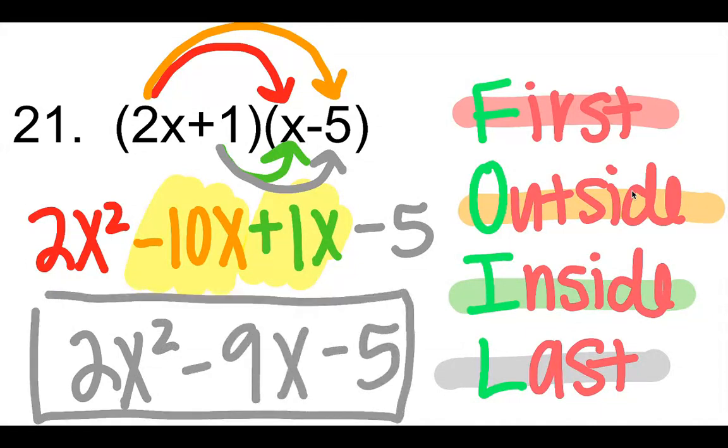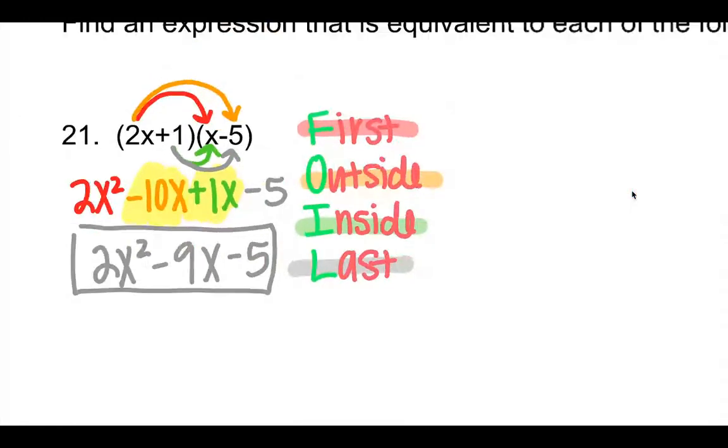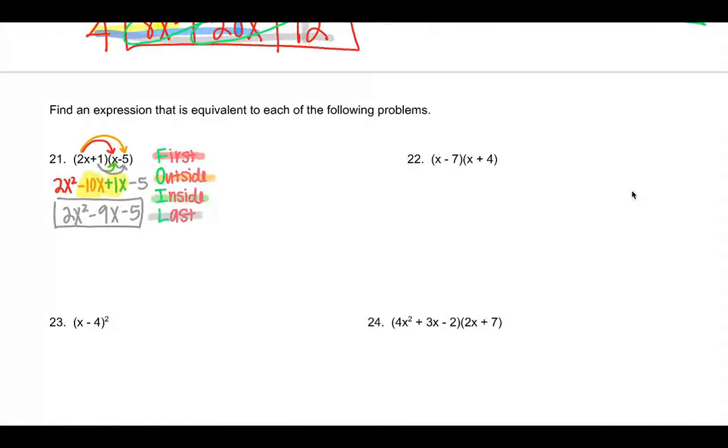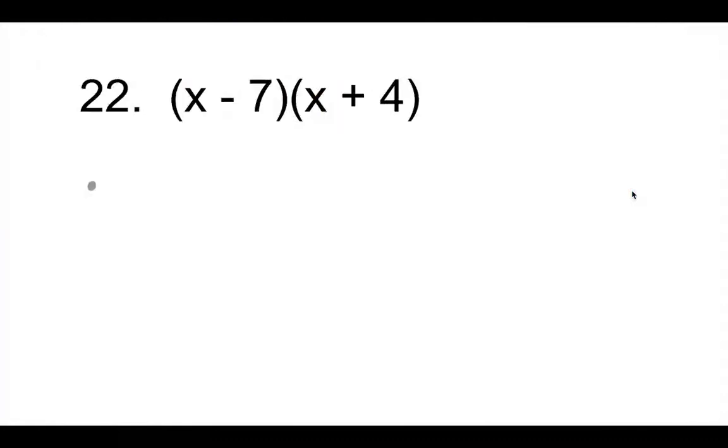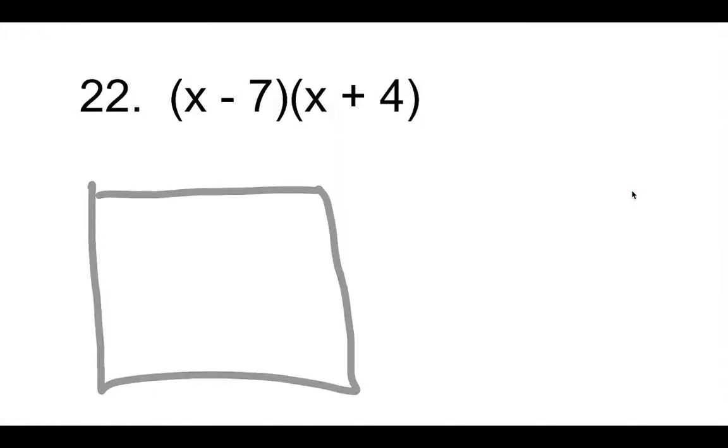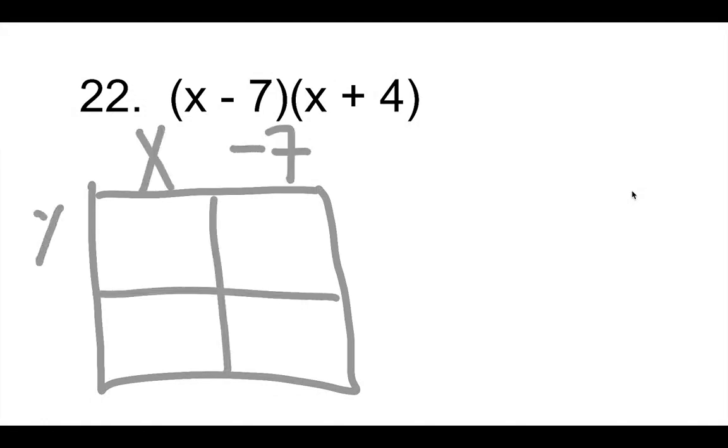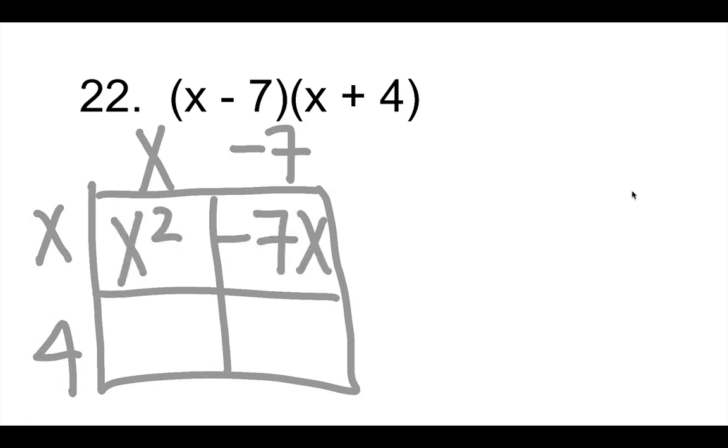Again, you could also do box method. Either way would work. So this one, I'll do box method. Again, we need a 2 by 2. X minus 7, x plus 4. X times x is x squared. X times negative 7, negative 7x.